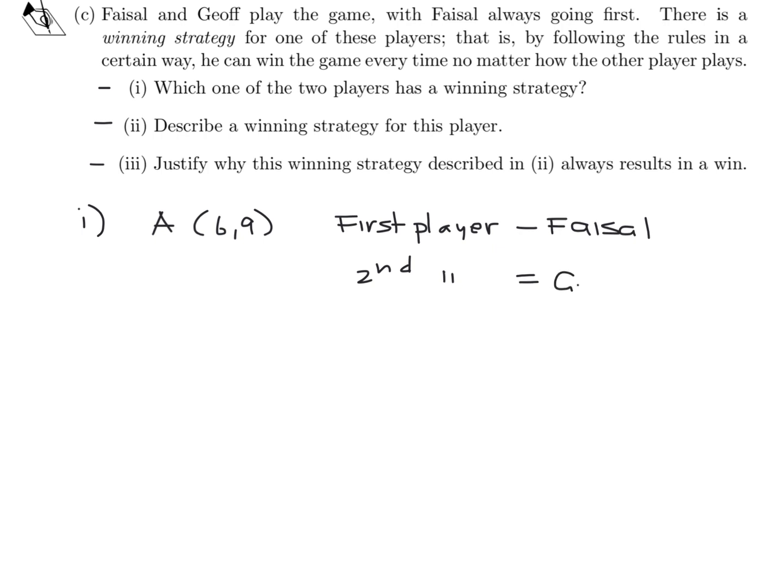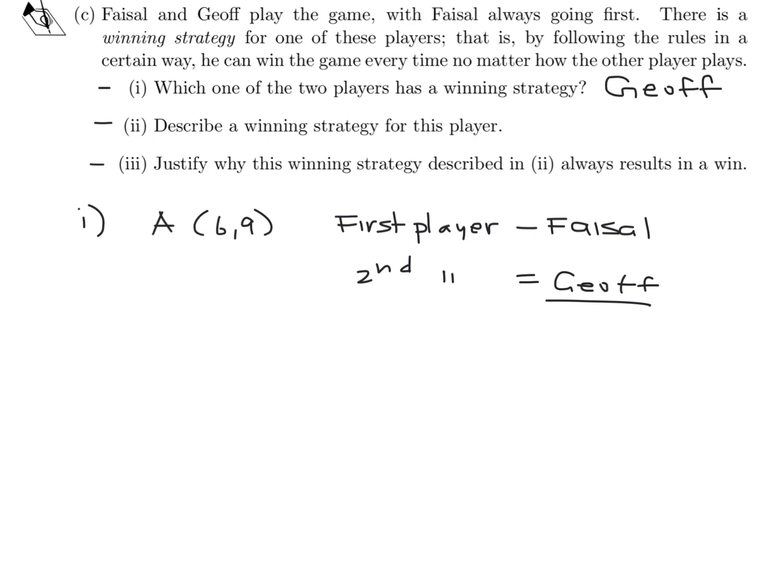Which one of the players can have a winning strategy? It's going to be the second player. And part B of this question kind of showed you that the second player can always figure out how to win. So in terms of which one of these two players, it's Jeff.